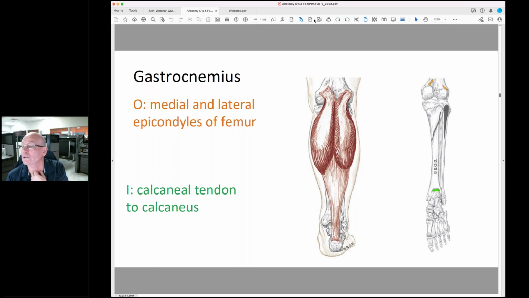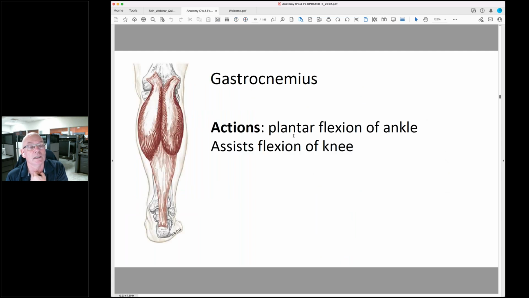The action for gastrocnemius, if I change my tool back to the pointer rather than the pen, is plantar flexion of the ankle. Okay. It also assists in flexion of the knee. Why does it assist in flexion of the knee?